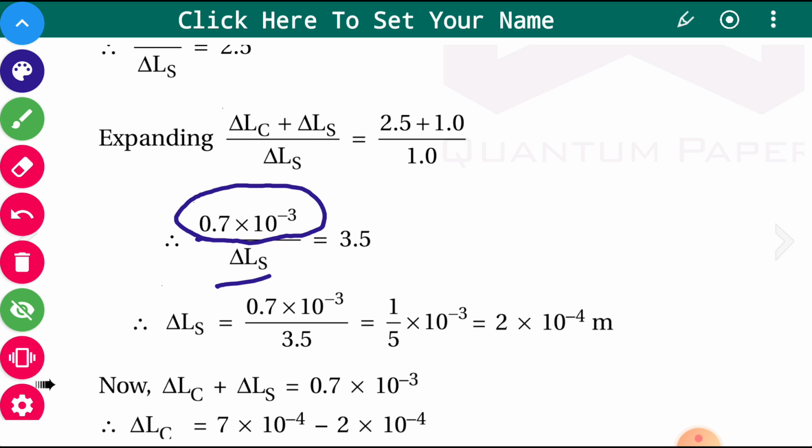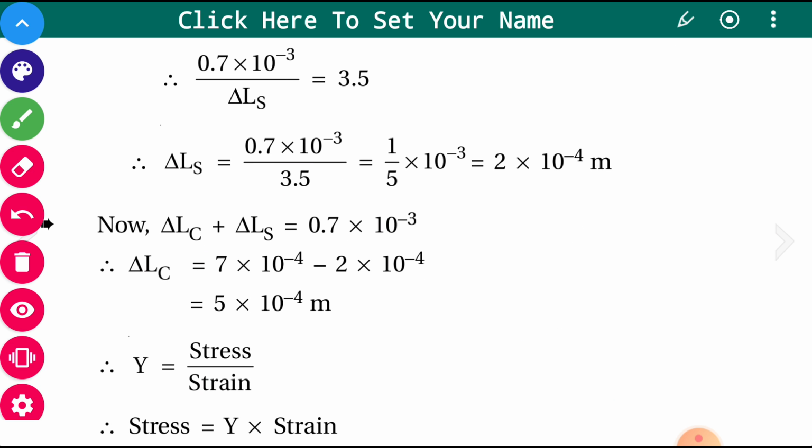So delta LS you can get easily, 2 into 10 raised to minus 4. And from this delta LS you can find the value of delta LC also. That is 5 into 10 raised to minus 4 meter.